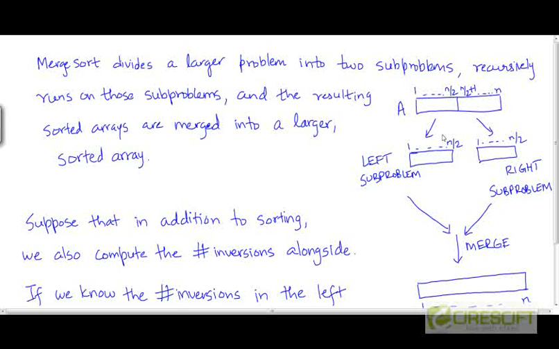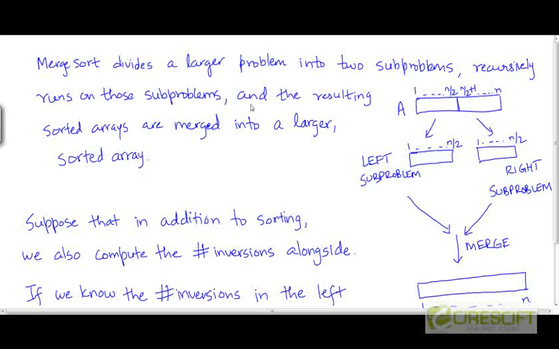This original problem, which is the problem of sorting an array of size n, is divided into two subproblems. The array A is going to be divided into a left half and a right half, and merge sort is going to be recursively called on those subproblems. The left half will be copied into a separate array and merge sort will be called on that array. The right half will be copied into a different array and merge sort will be called on that array.